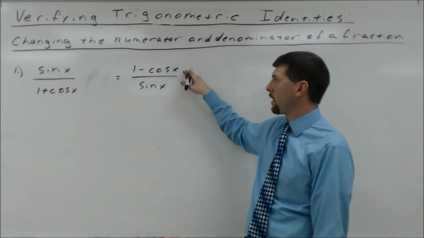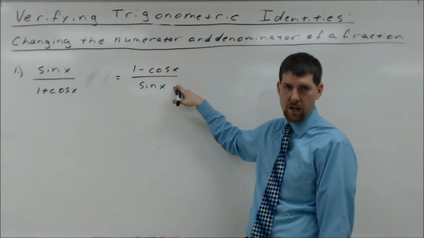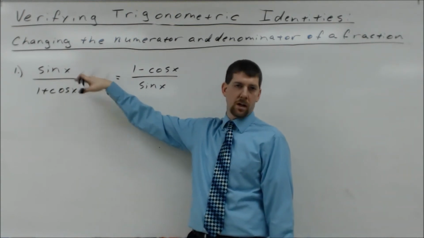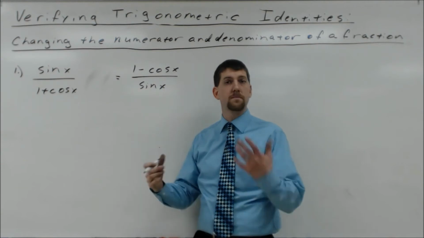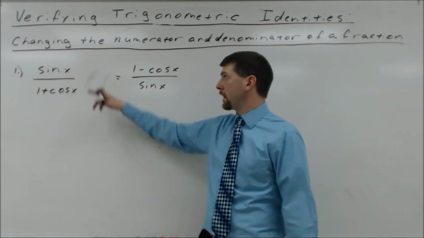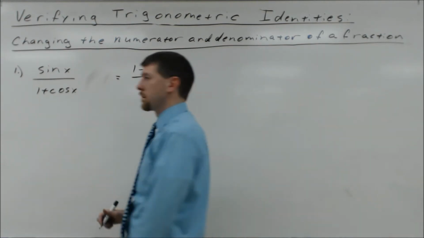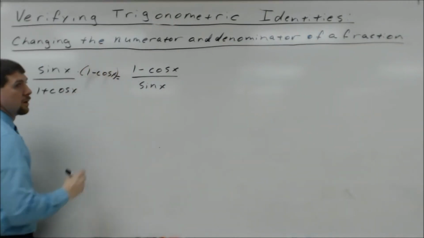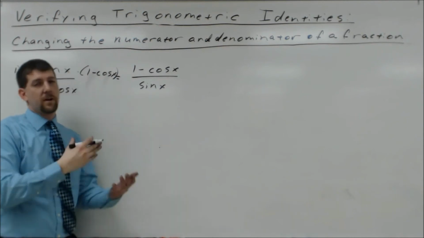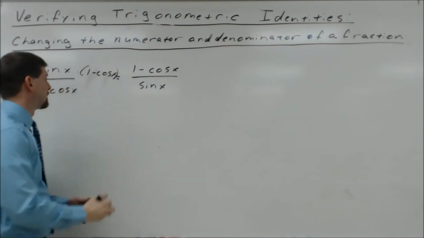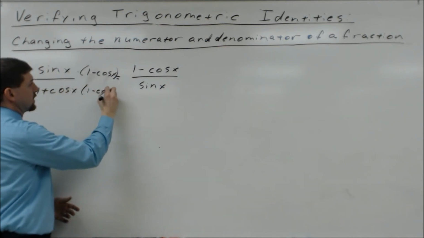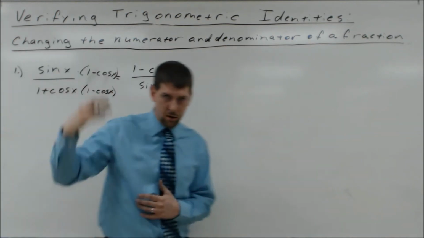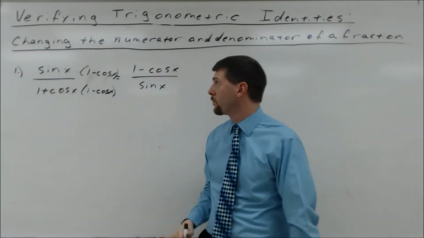Notice on the right-hand side, I've got 1 minus cosine over sine. Well, I don't have a 1 minus cosine in this problem. So let's put one in the problem. I need a 1 minus cosine in the numerator, so I'm just going to write times 1 minus cosine of x. Why can I do that? Well, because if I put it in the denominator also, I'm realistically multiplying the entire fraction, numerator and denominator, by the same value.